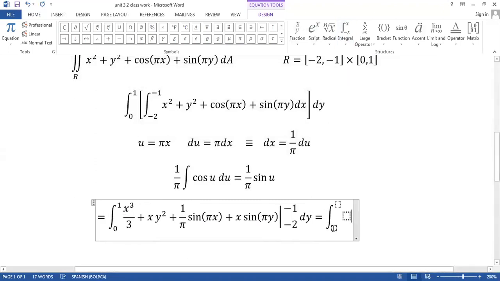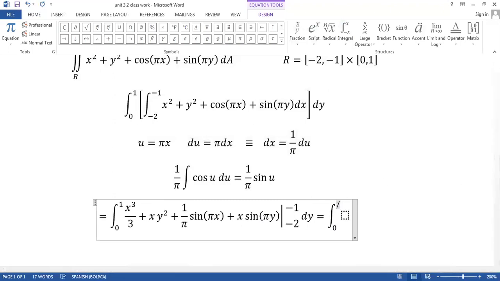0 to 1. I think we're about to end, right? Yeah, less than 1 minute. Okay. So negative 1 here, negative 1 cubed is still negative 1 over 3. Yes? Right. I should put my brackets.